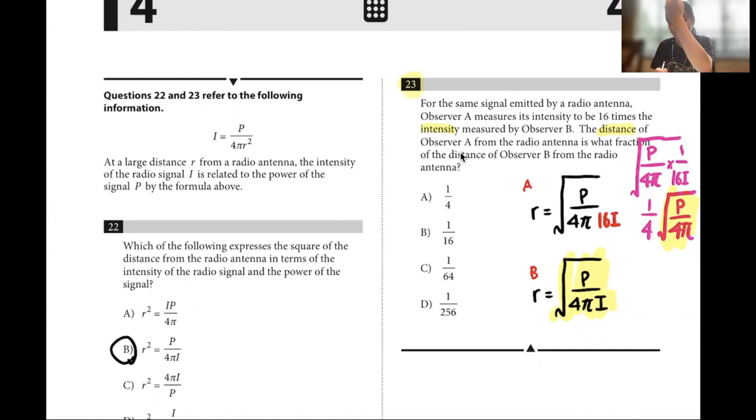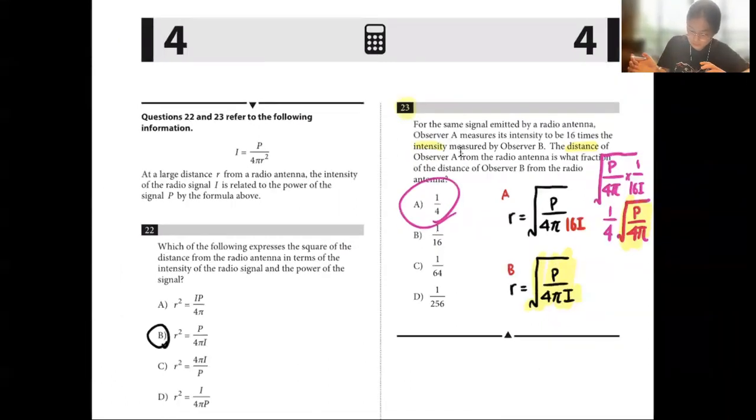We just multiply the whole original expression by 1 over 4, and that's the only difference between observer A and observer B. So the answer is 1 over 4. Yep, we're right. The key thing is to put 1 over 4 at the beginning.